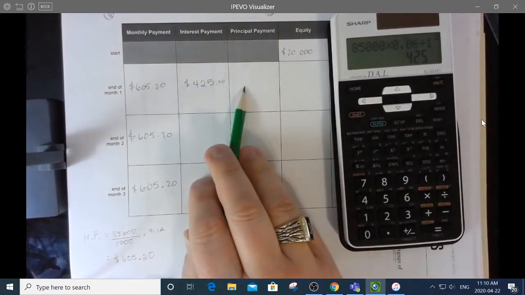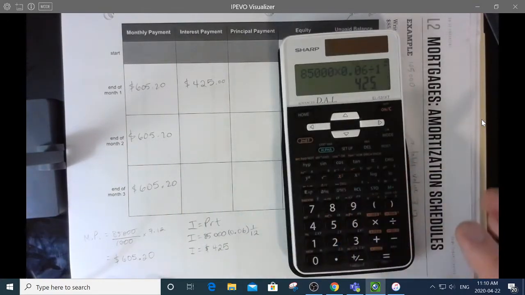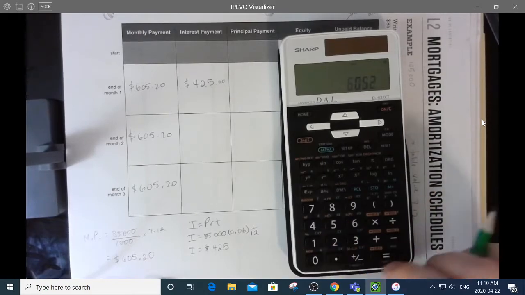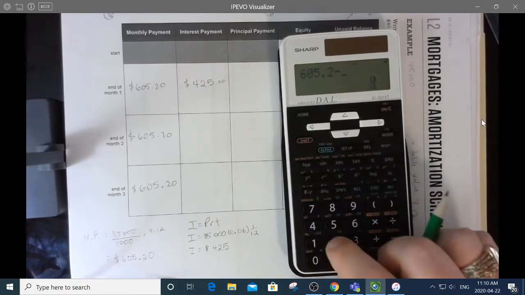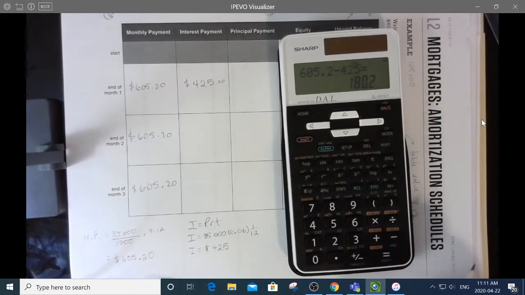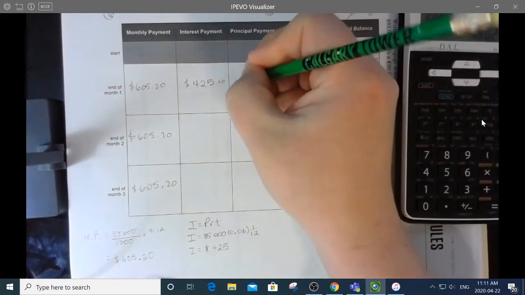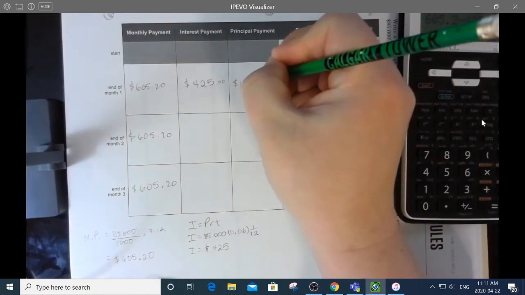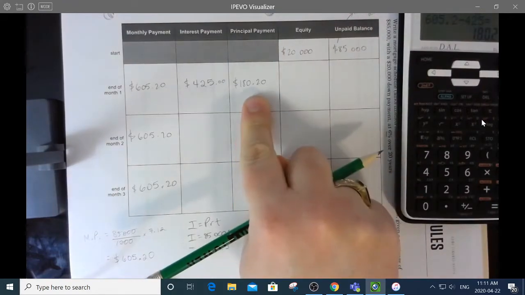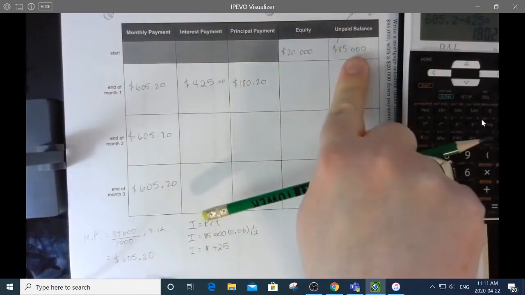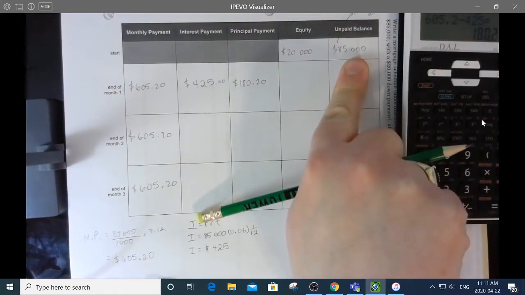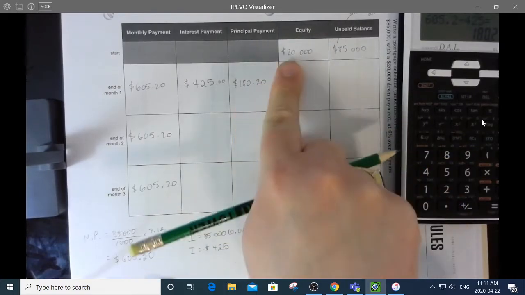Now, so how much actually goes to the principal? Well, I'll just subtract that. $605.20 minus $425 is $180.20. Now, that's how much they actually pay towards the $85,000 that they borrowed in the first place. So that is new equity.